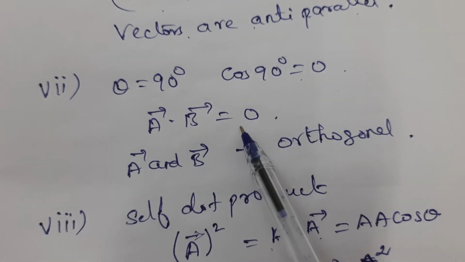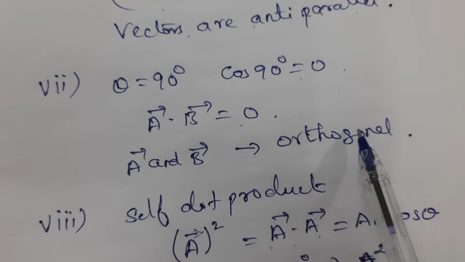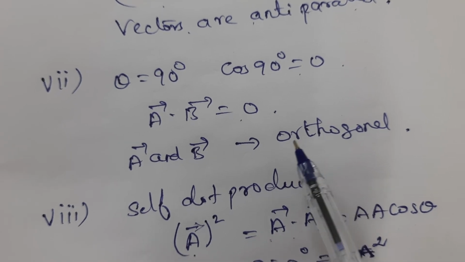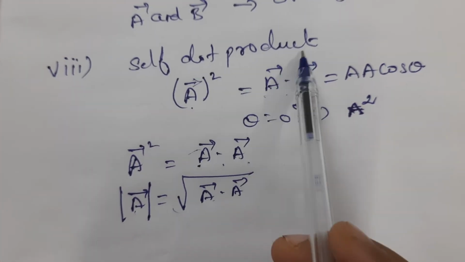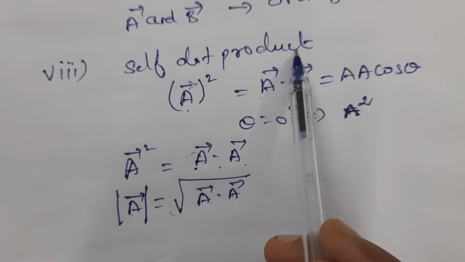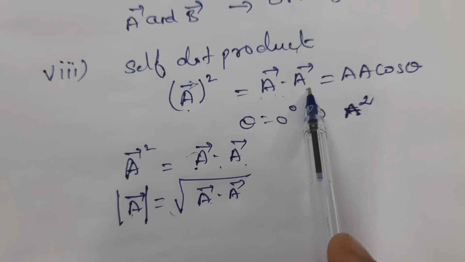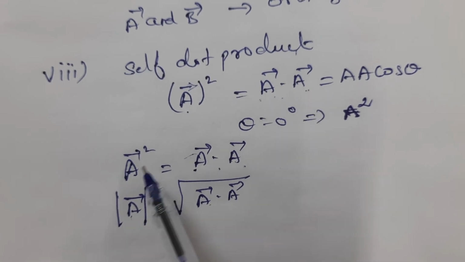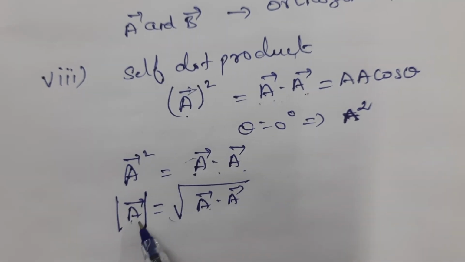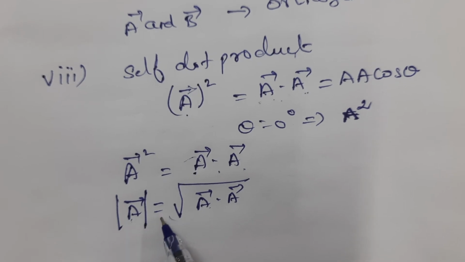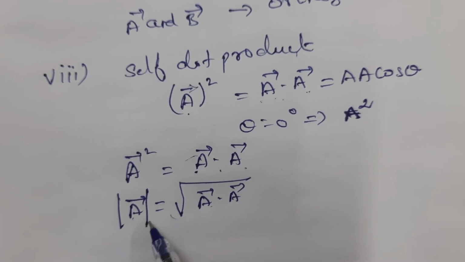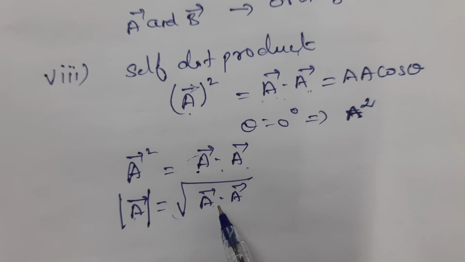So A dot B equal to 0. Two vectors are said to be orthogonal. Then self dot product. That is theta equal to 0 degree. So A vector square equal to A dot A. The magnitude of A vector is modulus A equal to root of A dot A.